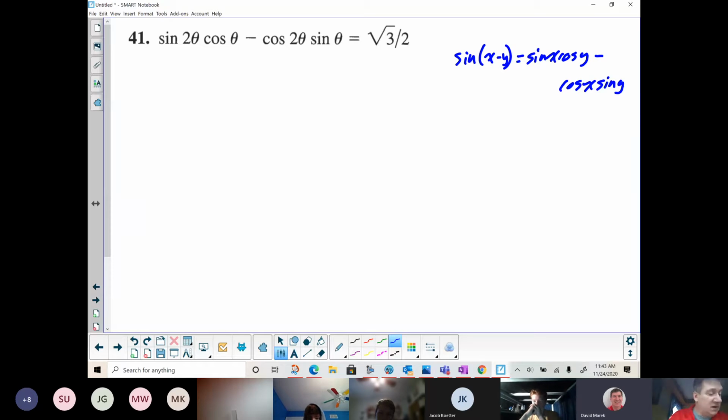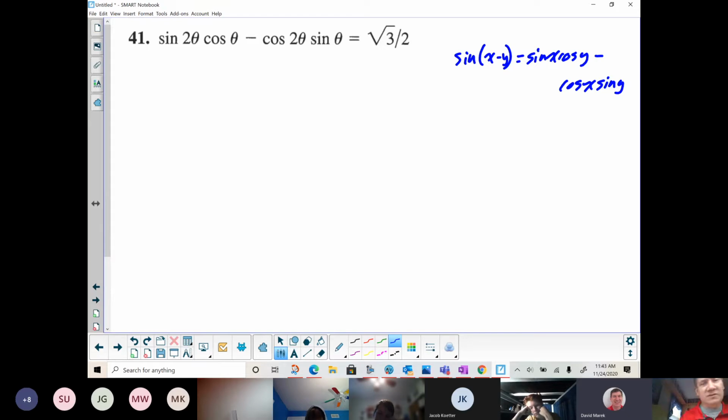Okay, and again, that might have actually been section 2 or 3. Now, I think it might have been 2. There were so many of them in section 3. So again, our difference formula here for sine, notice how that matches up, sine times cosine minus cosine times sine.